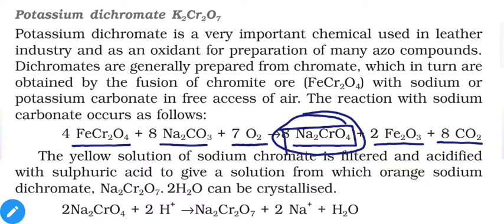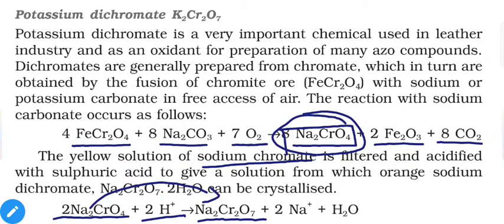The yellow solution of sodium chromate is filtered and acidified with sulfuric acid to give a solution from which orange sodium dichromate, Na2Cr2O7·2H2O, can be crystallized. So that means chromate to dichromate.